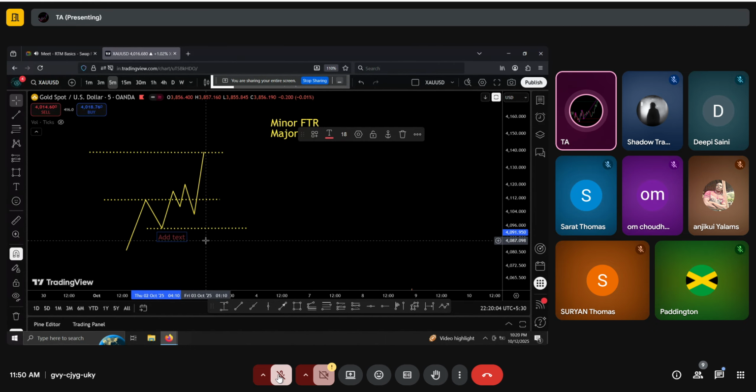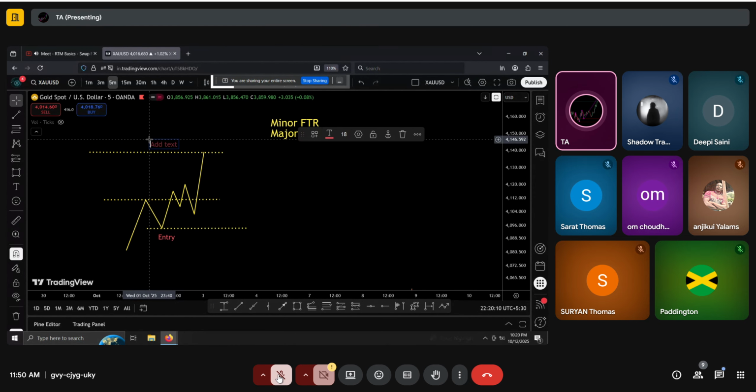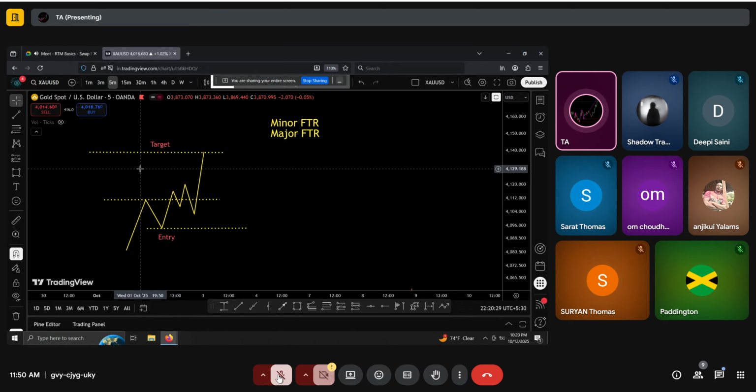It pulls back again, breaks down the low and goes up again. Only in this case will there be the minor and major FTR, right? Otherwise, on the same time frame, this will not be considered a minor and major FTR. Every setup is valid, every entry is valid, until the price has reached the target.